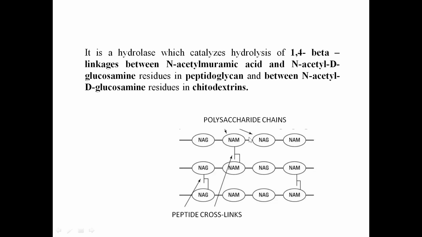So these are the polysaccharide chains. Therefore, it is made up of both protein as well as carbohydrate. The bond present between NAG and NAM is a 1,4-beta linkage. So the enzyme acts on the 1,4-beta linkage and it cleaves the strands into fragments.